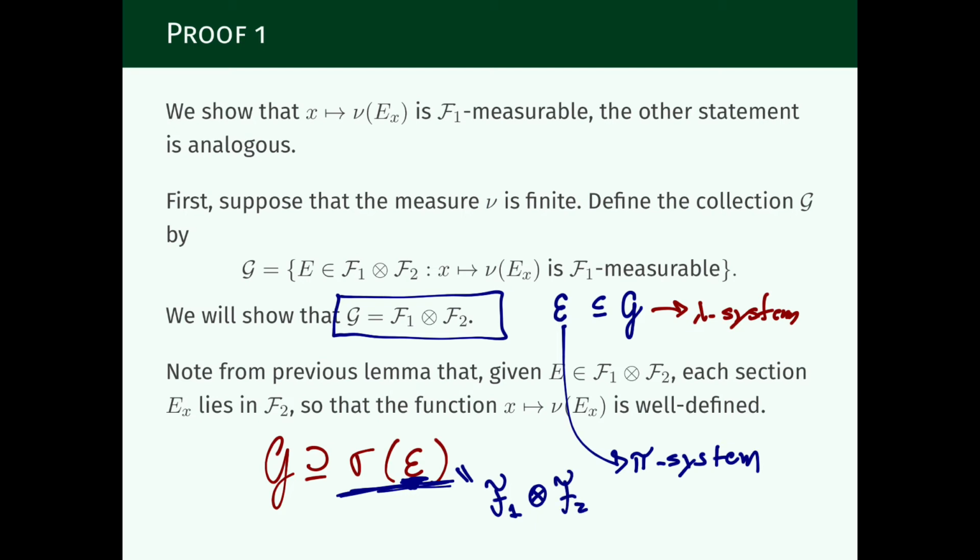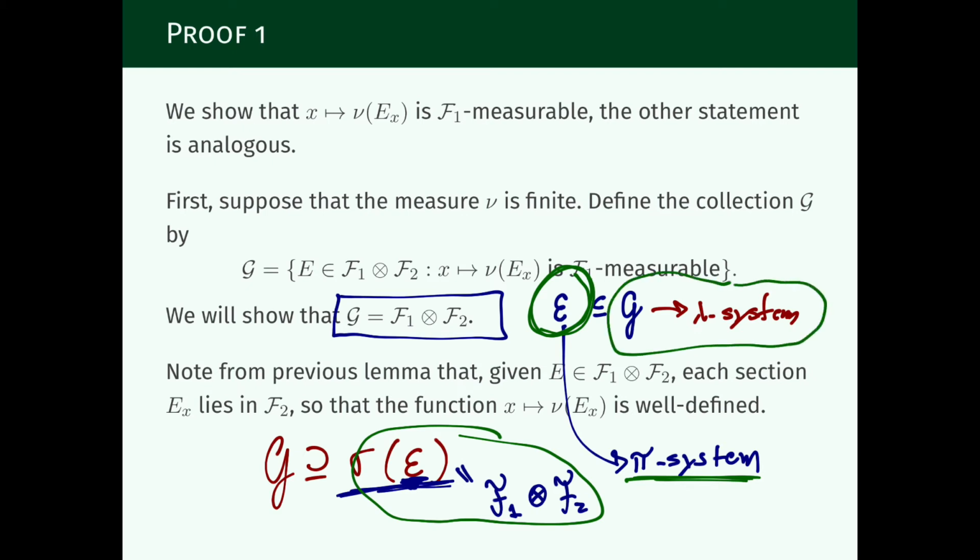So our job is to come up with the nice family E that is a pi system whose sigma algebra equals the whole product sigma algebra, and show that G is a lambda system. It's a very tortuous and painful path, but I hope it's standard already at this point, as we have done so many arguments involving pi systems and lambda systems.